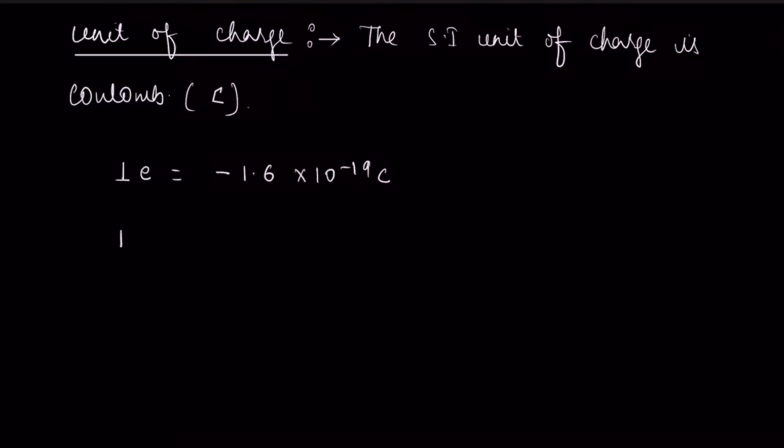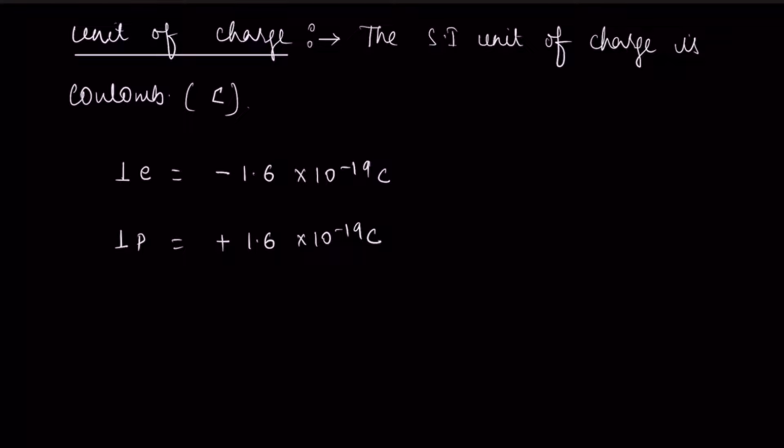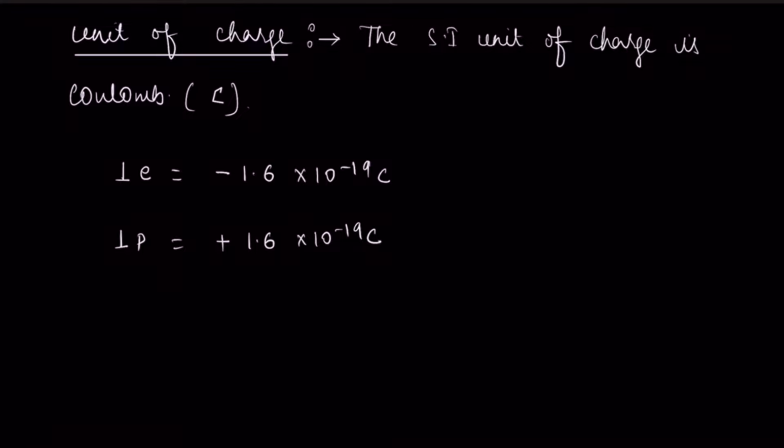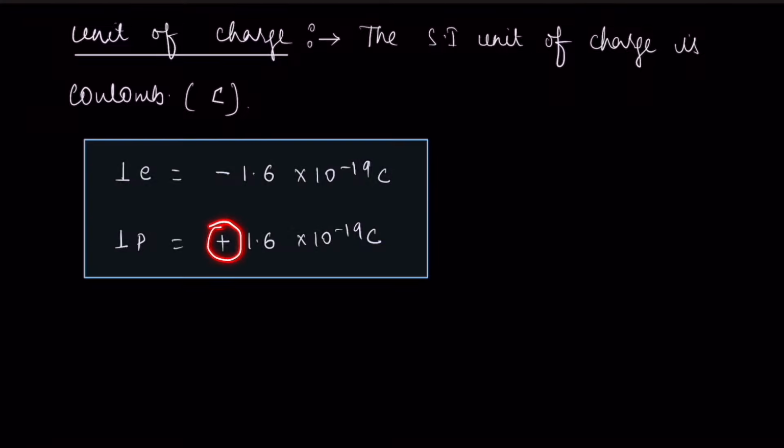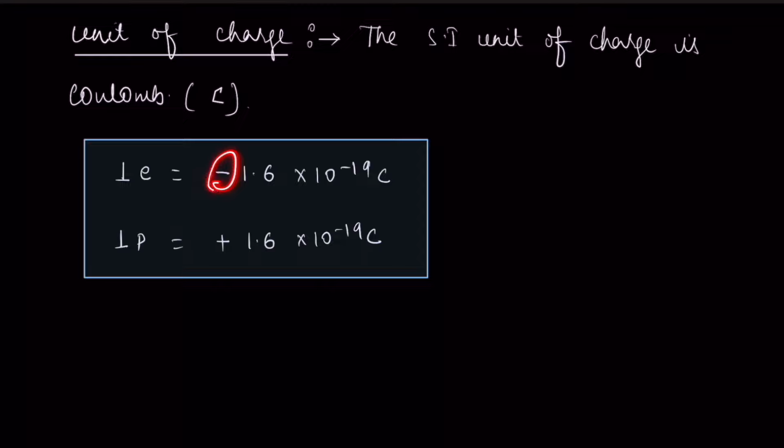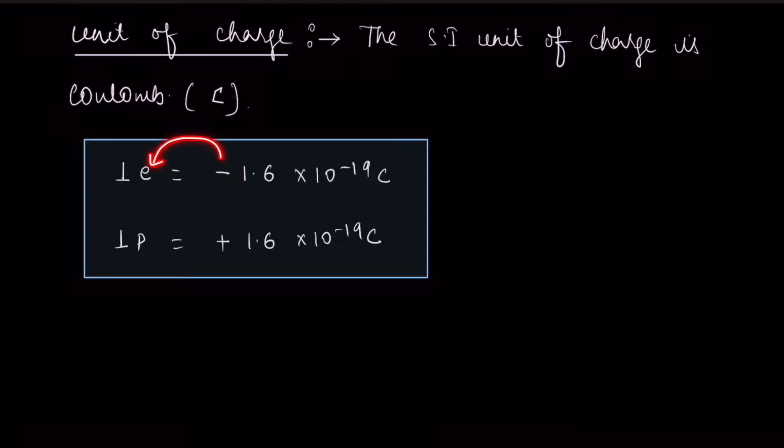And if we have a proton, it will be plus 1.6 into 10 to the power minus 19 coulomb. So electron and proton both have the same magnitude of charge. Only the positive and negative sign changes. This plus and minus is just a conventional representation of electron and proton. Mathematically, if we write plus 1.6, it means we are talking about the proton, and if we write minus 1.6, it means we are talking about the electron.